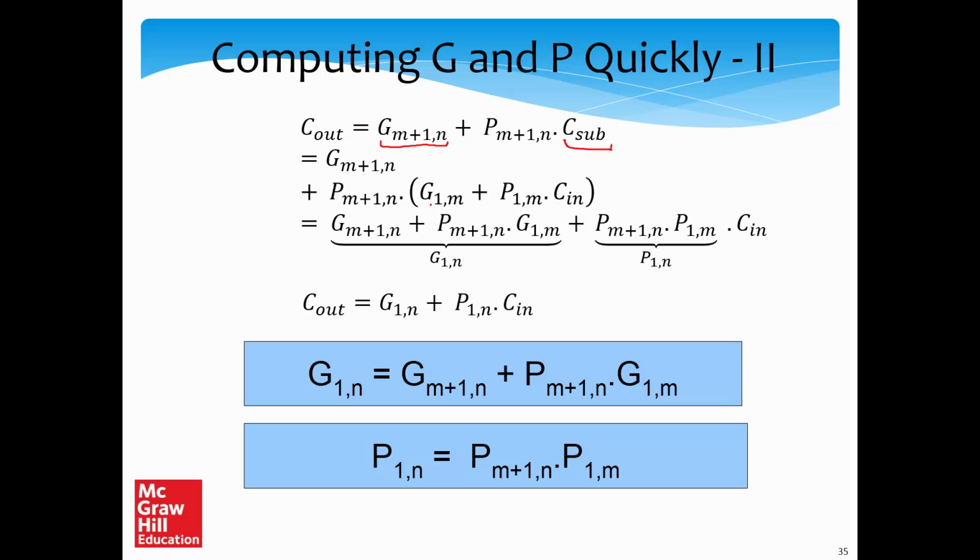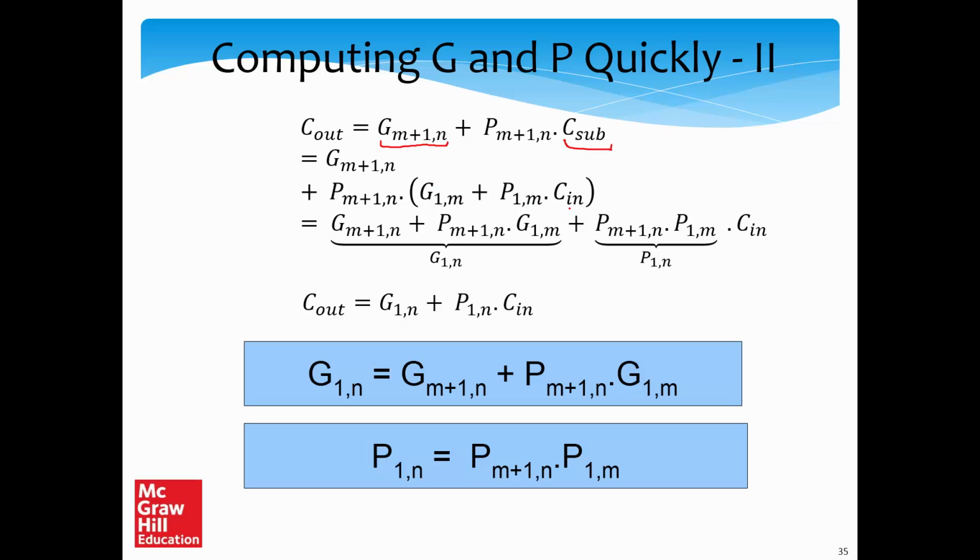So when will its carry out be true? When either it is generating a carry, G1 to m, or it's propagating the carry input, which is P1 to m ANDed with carry in.